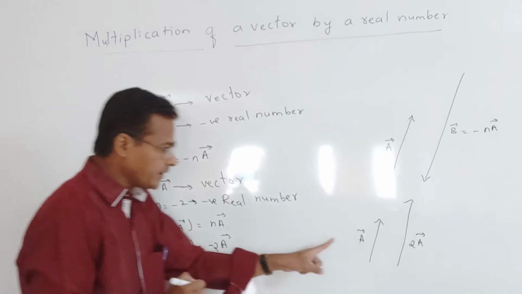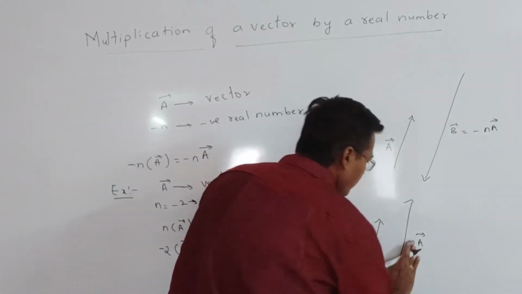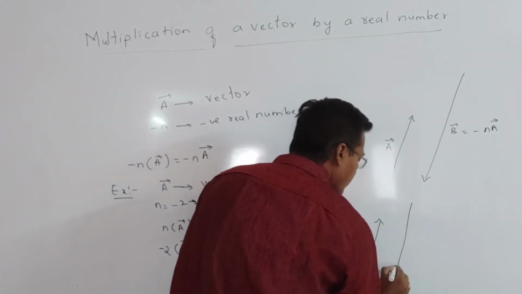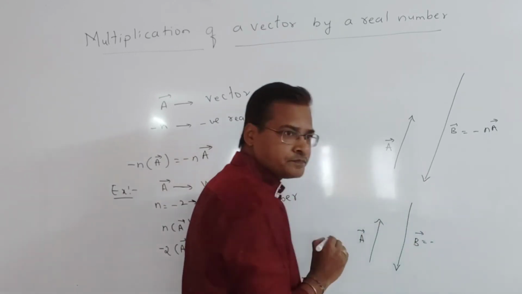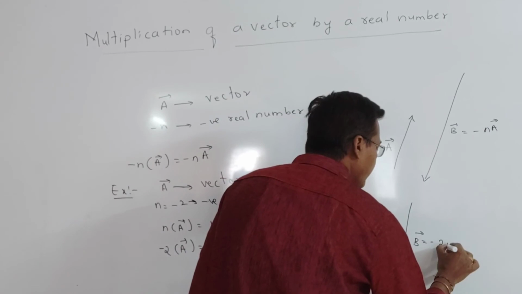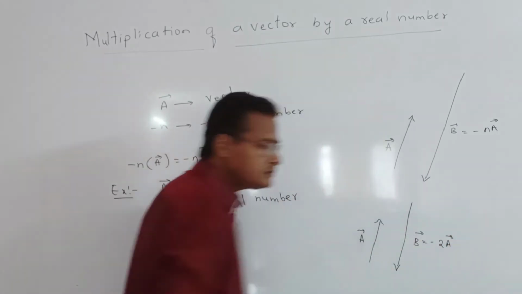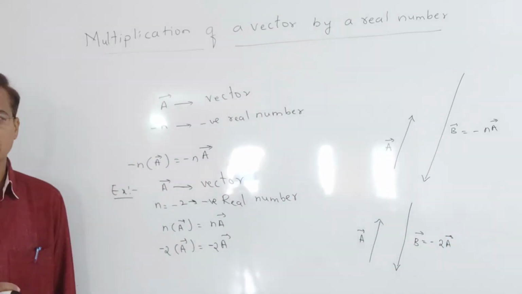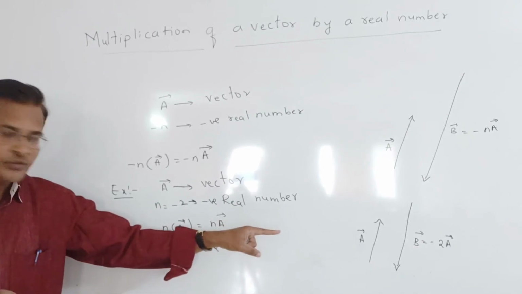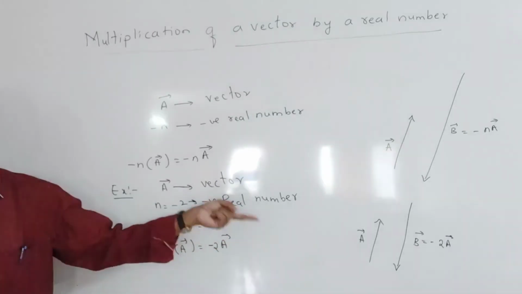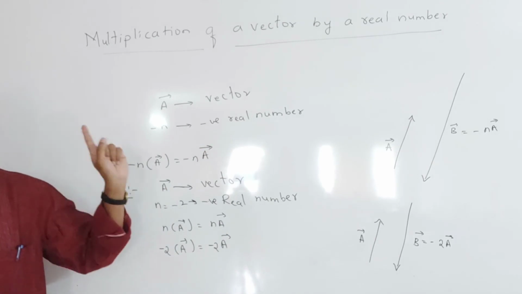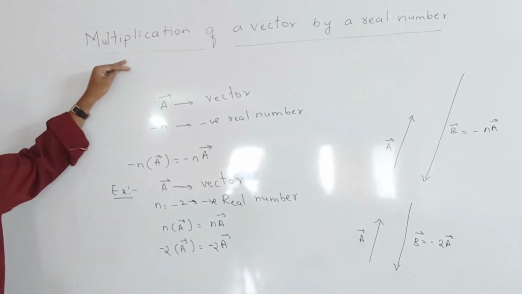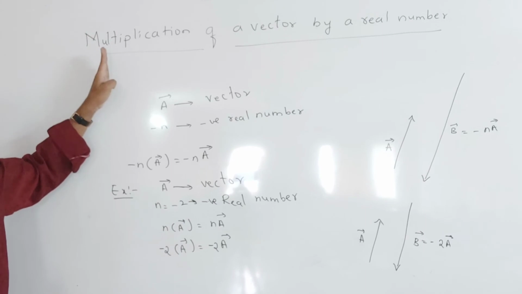So the direction is changed, that is B vector equals minus 2 A vector. So B vector is the negative vector of A vector. Followed? This is how we multiply with negative numbers. Write down.